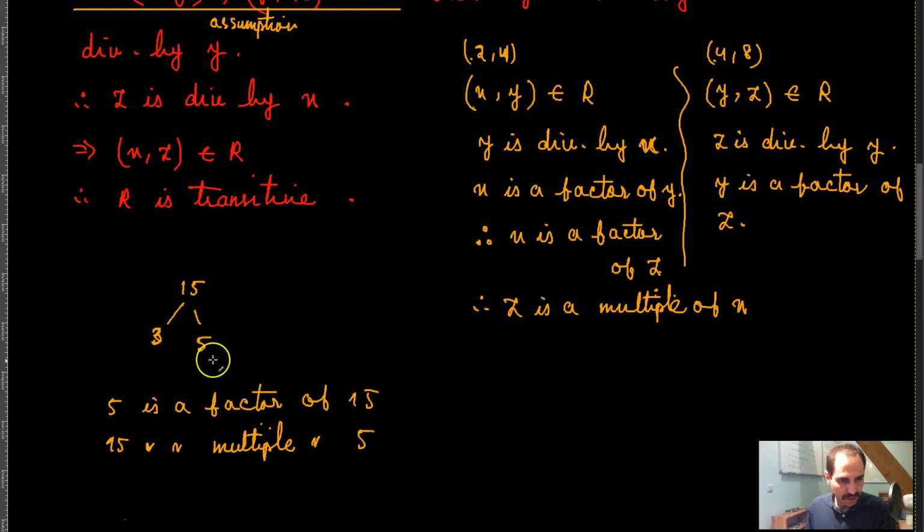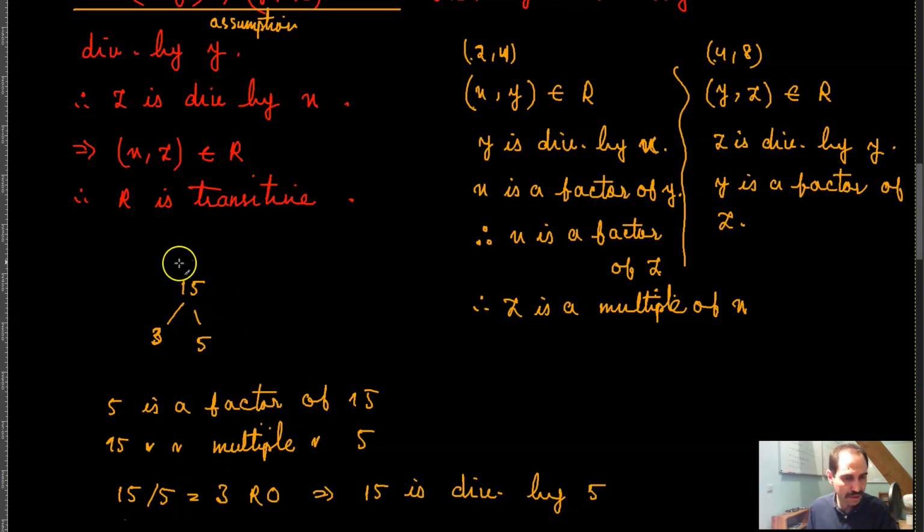So in this situation, as you can see, I can say that basically that number which was a multiple, which was 15, is actually divisible by that factor, because 15 divided by 5 gives me 3, remainder 0. So that means that basically 15 is actually divisible by 5, right?